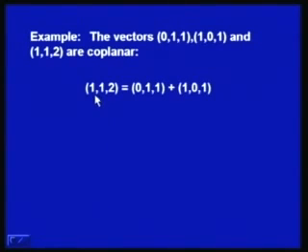Let us see, we can write the third vector (1, 1, 2) as a linear combination of the first two vectors (0, 1, 1) and (1, 0, 1). You can see this is 1, so we will have 1 on this side. The second is 1, we will have 1 here, and 1 plus 1 is 2. So (1, 1, 2) is a linear combination of these two vectors, or we say the three vectors are coplanar in this case.